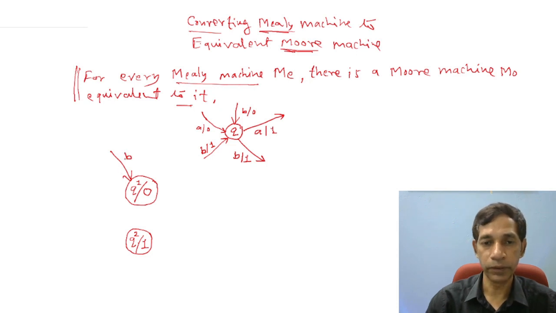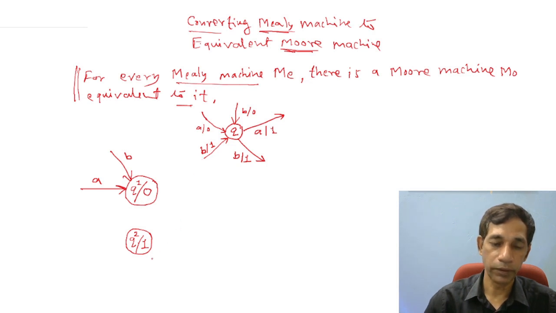So for the B, you are coming to the state Q and you are going to produce the output 0. For the A, you are coming to the state Q and you are going to produce the output 0. Now here we have the B, and B is going to produce, during the transition for the input B, the 1 is printed.